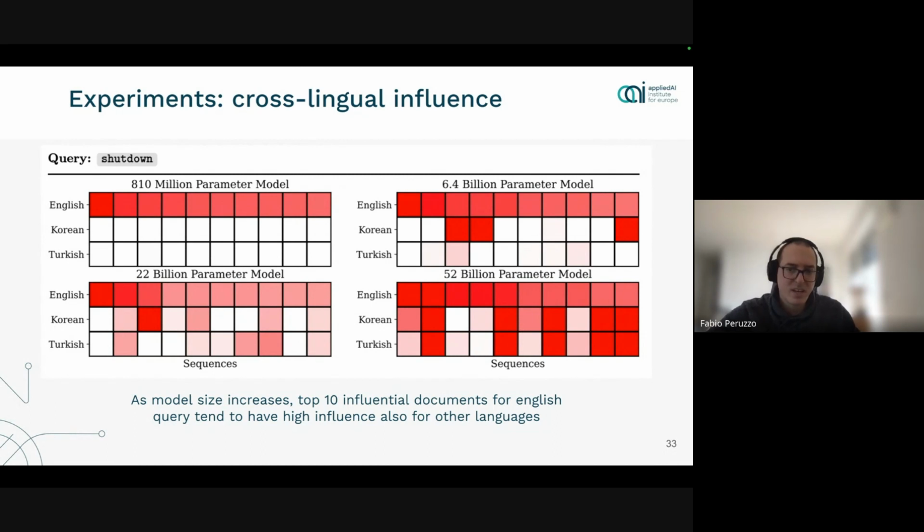As the model increases in size, it also is able to draw the connection between, okay, this sequence of characters from Korean corresponds to the shutdown word, and then the shutdown word appeared in these training documents, and so the influence of the training documents written in English also becomes non-zero for the queries written in the other 2 languages. So this is the first interesting result that emerges as the model increases in size.